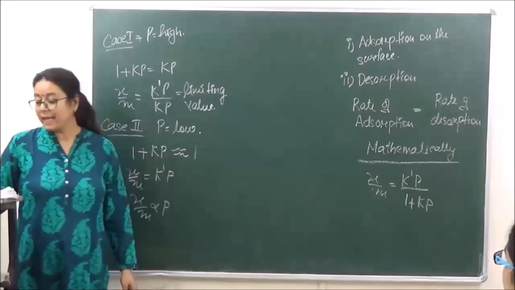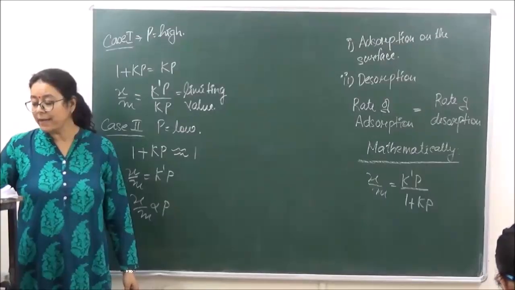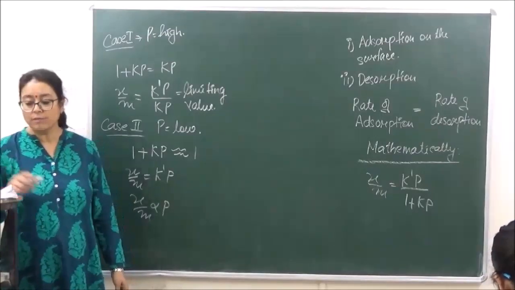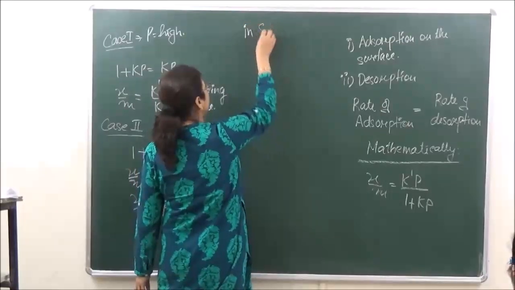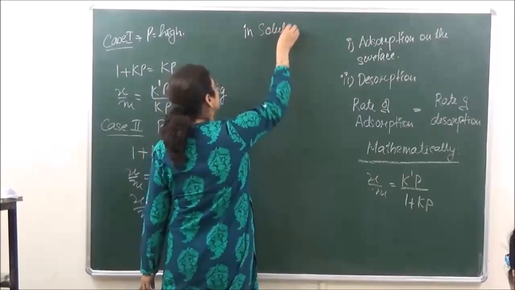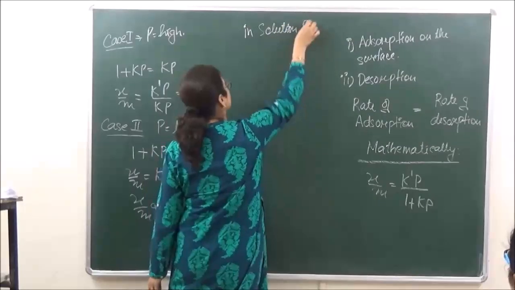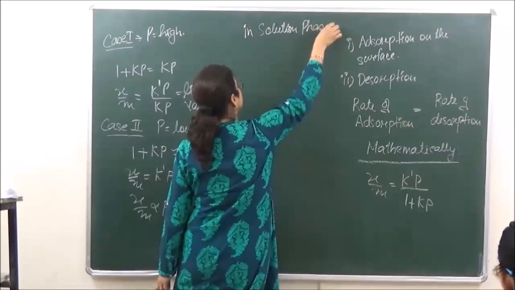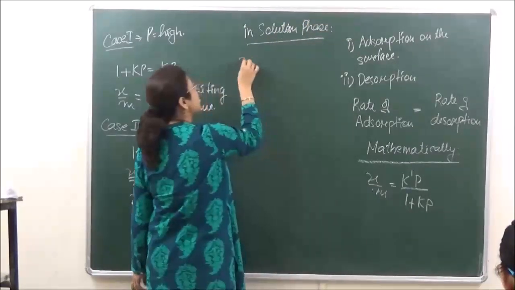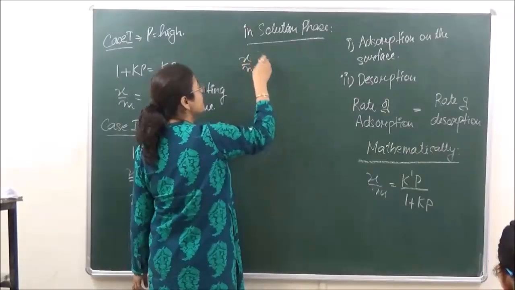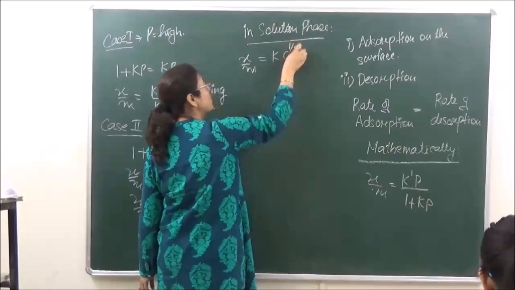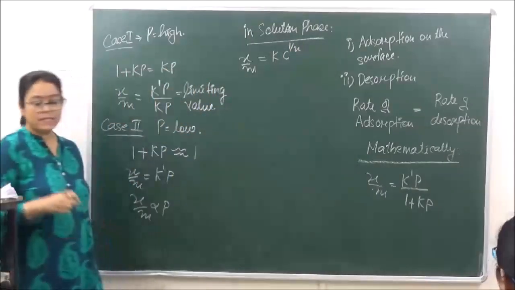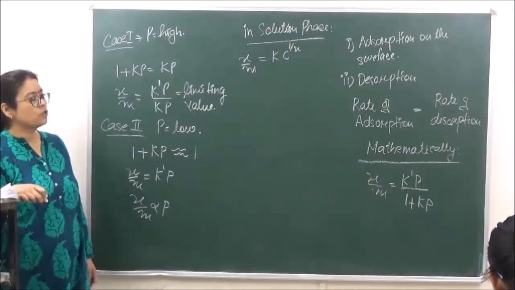In case adsorption is taking place in the solution phase, then extent of adsorption x by m can be given as kc raised to power 1 by n, where c is the concentration of the solution.